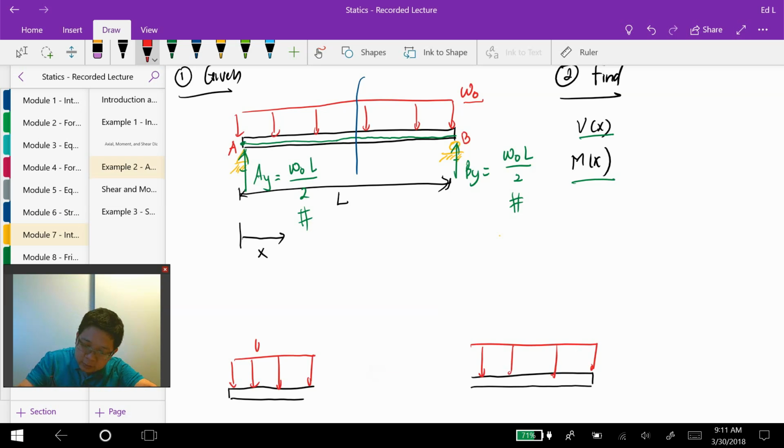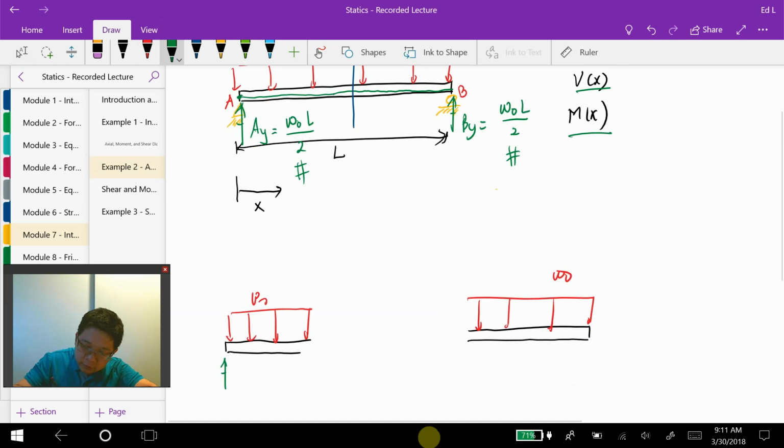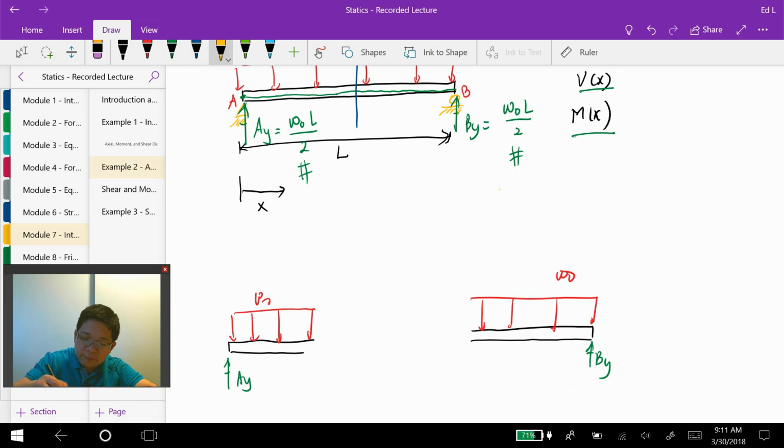We should also include the AY here and BY. And we also have M of X, V of X, and N of X, but N of X is 0, so I'm not going to draw it. Same thing here, we have M of X, V of X, and N of X, but N of X is 0, so I'm not going to draw it.